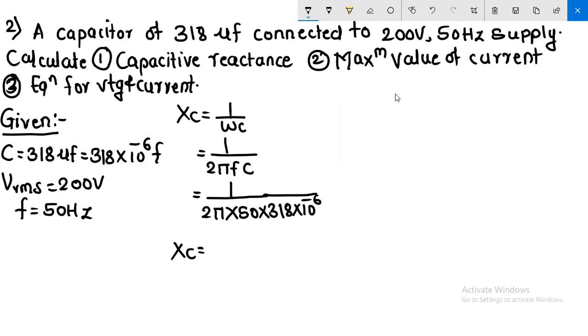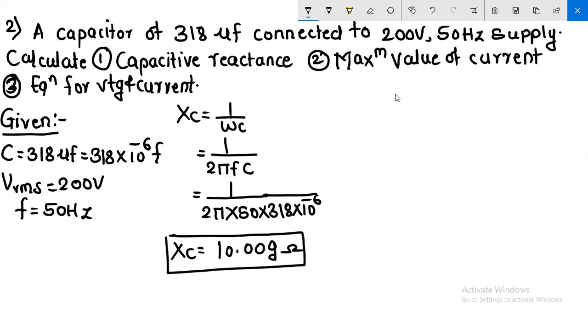How much value of Xc are you getting? किती येते Xc ची व्हॅल्यू? 10.009 ohm. Got it, everyone?